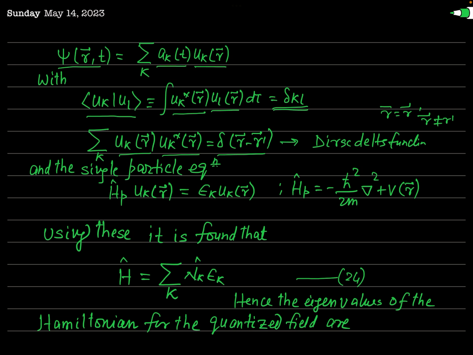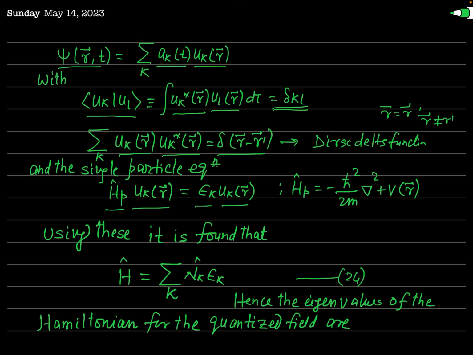Now if you write the eigenvalue equation for a single particle, the single particle Hamiltonian, which we denote by h_p hat, operated on u_k of r, is equal to epsilon_k u_k of r. Actually this epsilon_k is the energy eigenvalue of a single particle.